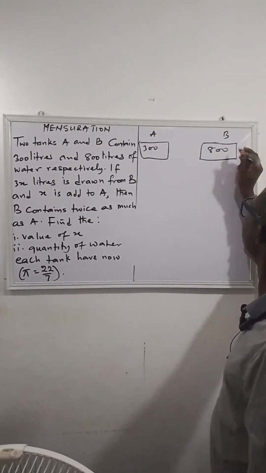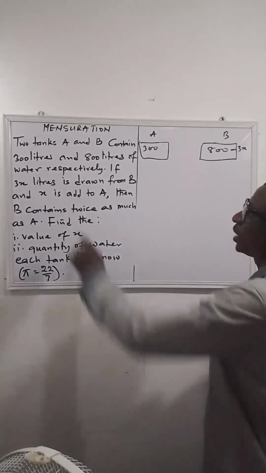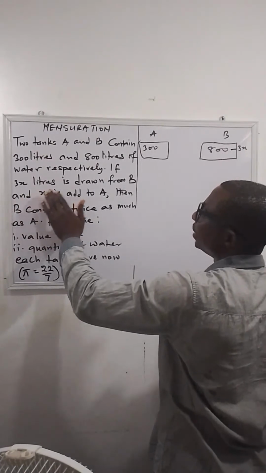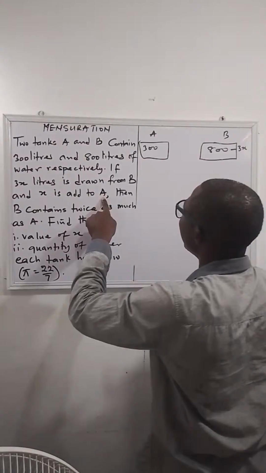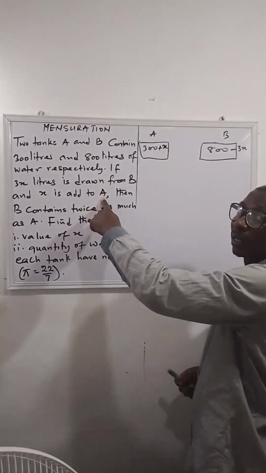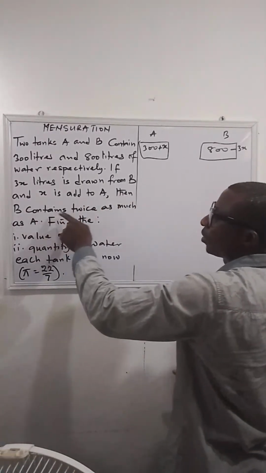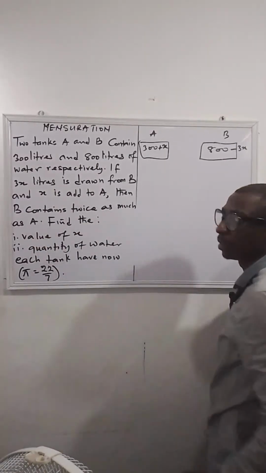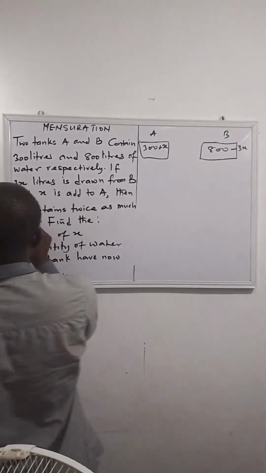So you take away 3x from B, and x is added to A, so you add x to the volume of water in tank A, then B contains twice as much as A. Okay, can we now write this? This is the statement we need.